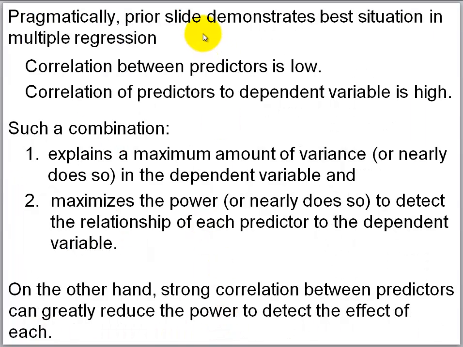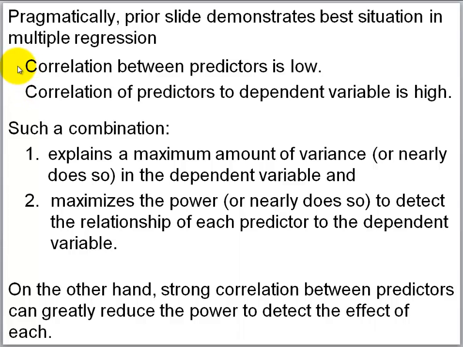Now, as I mentioned earlier, it's almost never the case that two predictors are going to be zero correlated with one another, so that in a pragmatic sense, the prior slide demonstrates the best situation in multiple regression. That is, that's a situation when the correlation between two predictors is low.